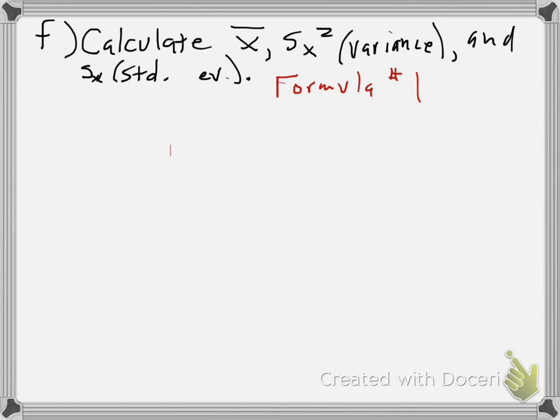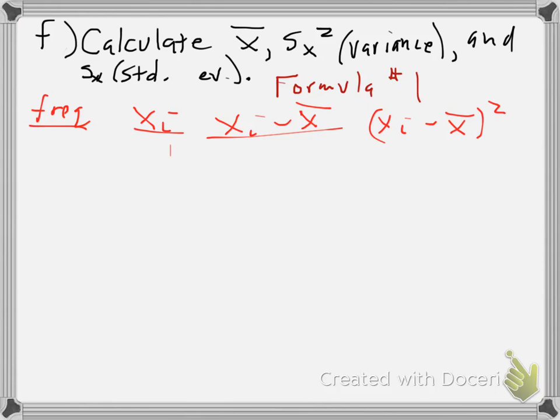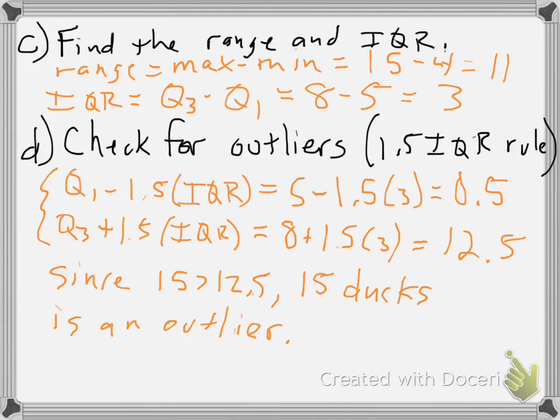Okay, so now I'm going to spice this up a little bit because we have multiple frequencies. And here's how I'm going to do this: minus the mean, and then minus the mean squared. Let's go back to my dot plot.